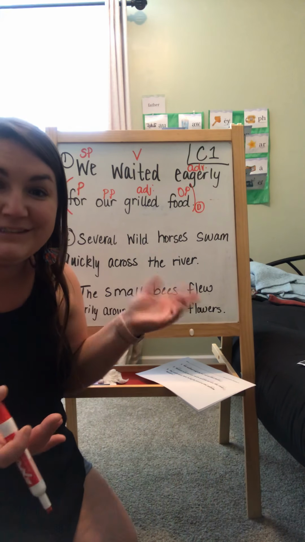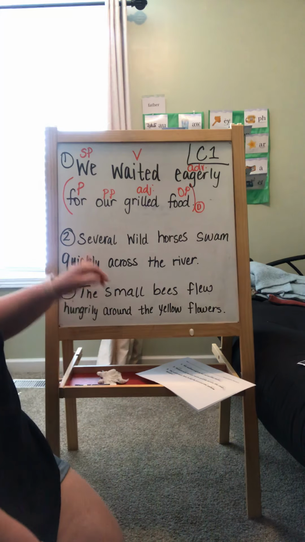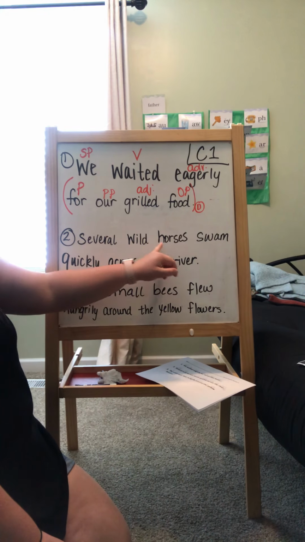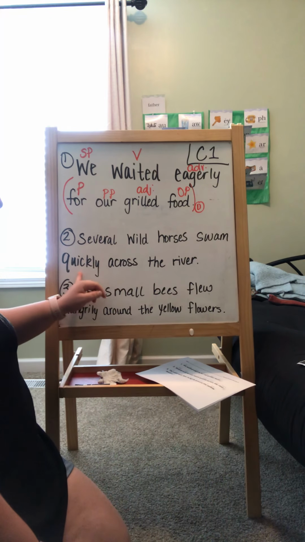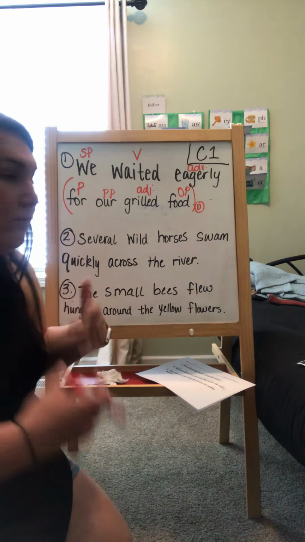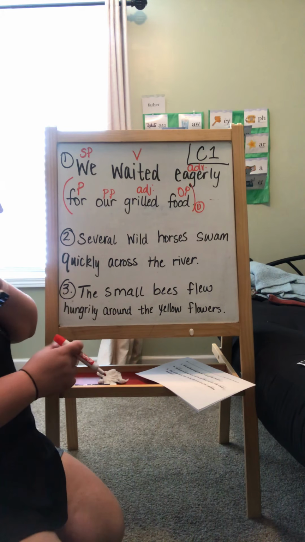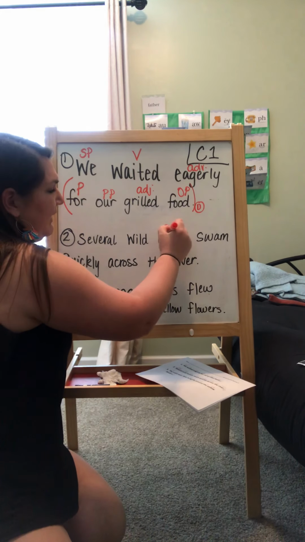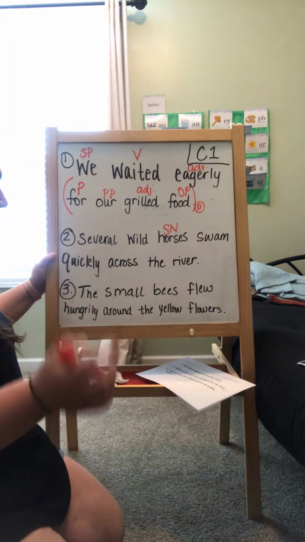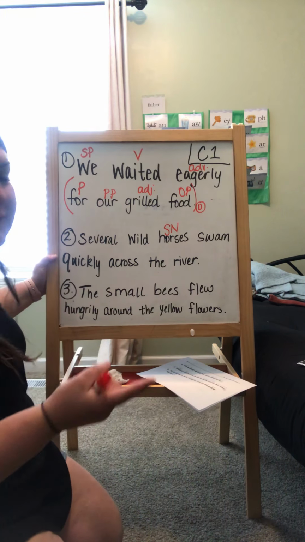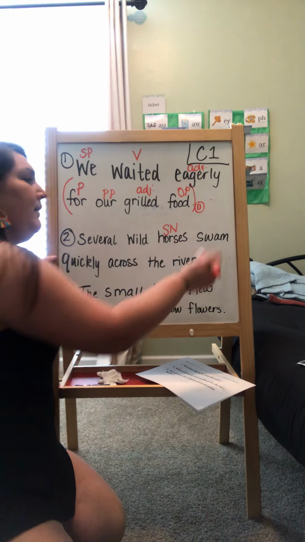Now we can go to sentence number 2. Let's do it together. Several wild horses swam quickly across the river. And we say, what swam quickly across the river? Horses. Subject, noun. What is being said about the horses? Horses swam, verb.